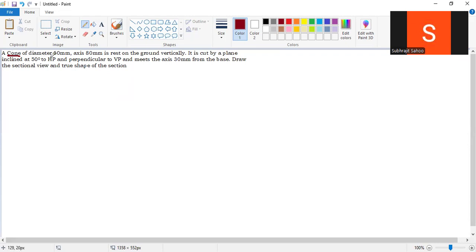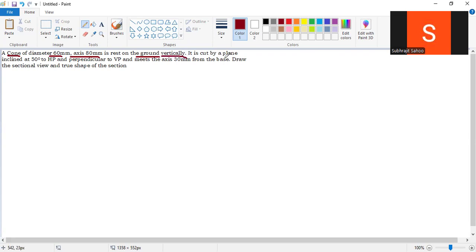The object here is a cone. Diameter is given as 60, so the radius becomes 30. Axis is given as 80. It rests on the ground, and ground means the horizontal plane.